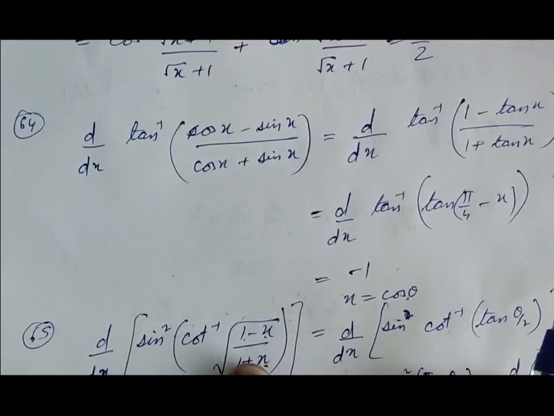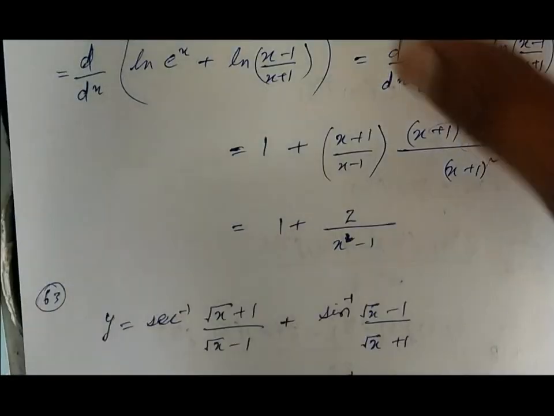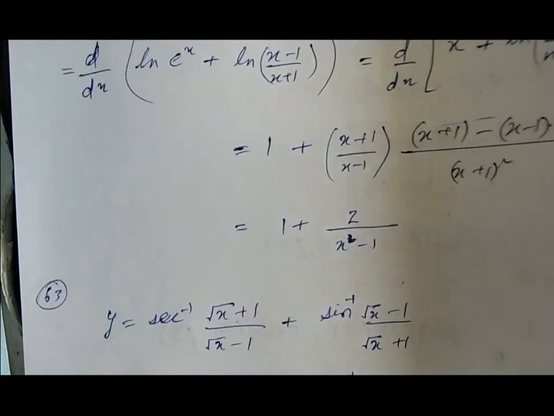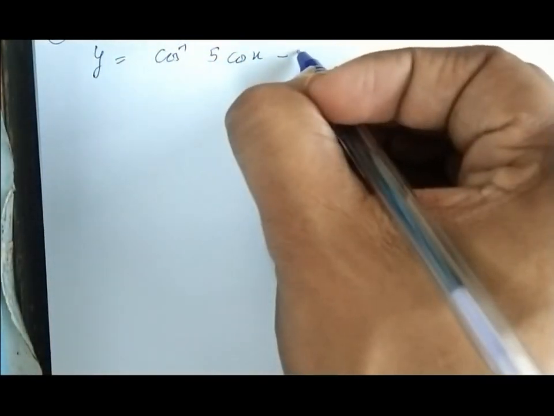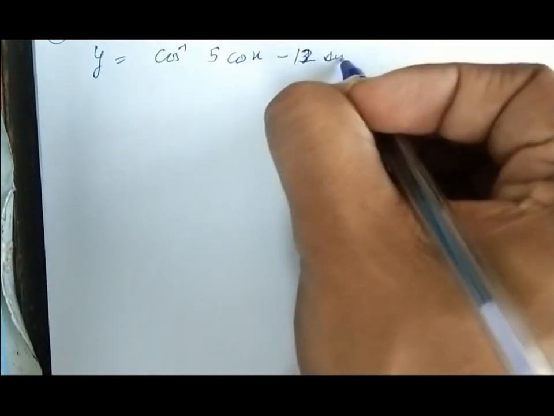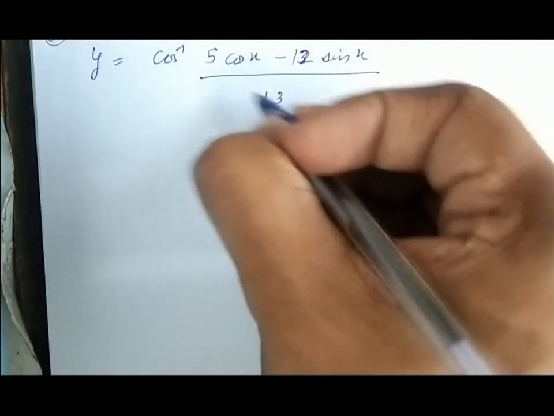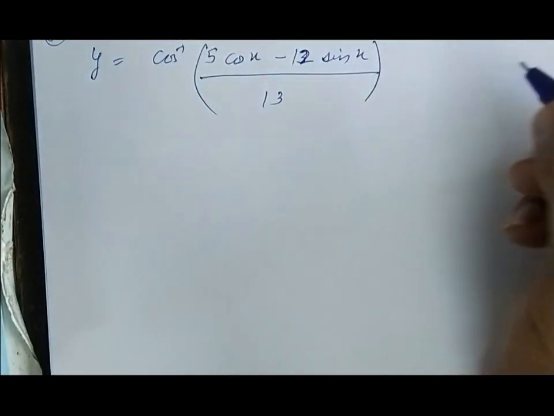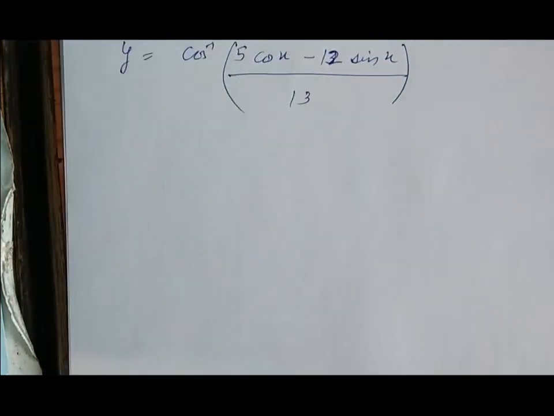Moving to next question, question number 66. It says y is equal to cos inverse of (5 cos x minus 12 sin x) upon 13, and we need to find dy by dx.